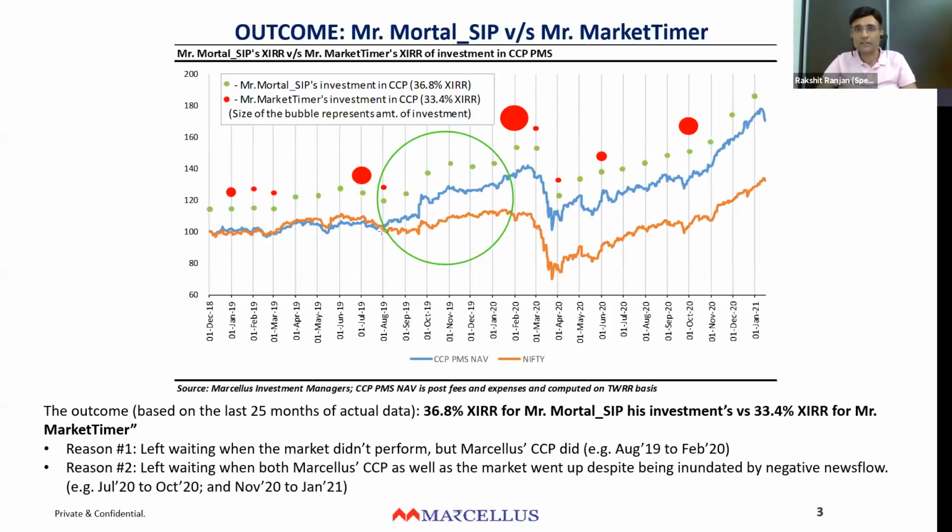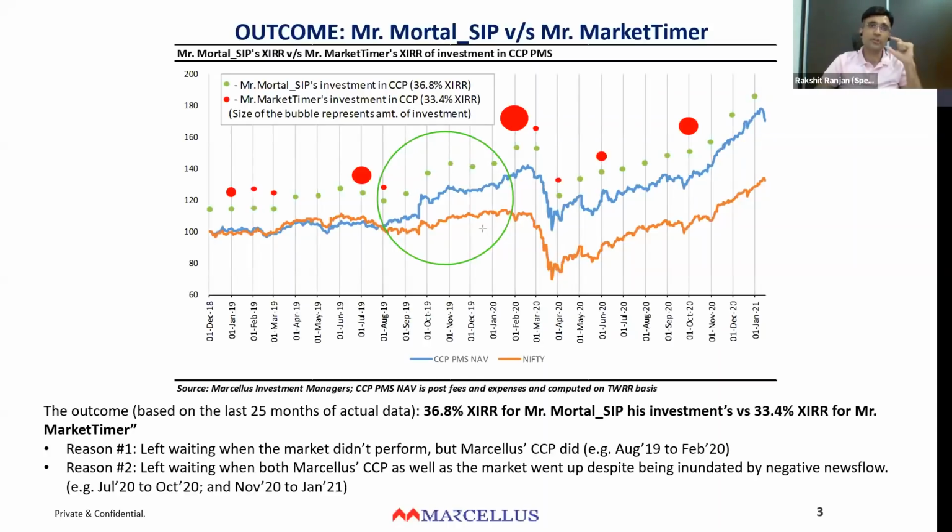So the market return during this August 19 to Feb 20 period is barely anything. It's less than 10%, I can see broadly. Whereas for CCP PMS, the return during the same time period is roughly 25-30% or something like that, right?